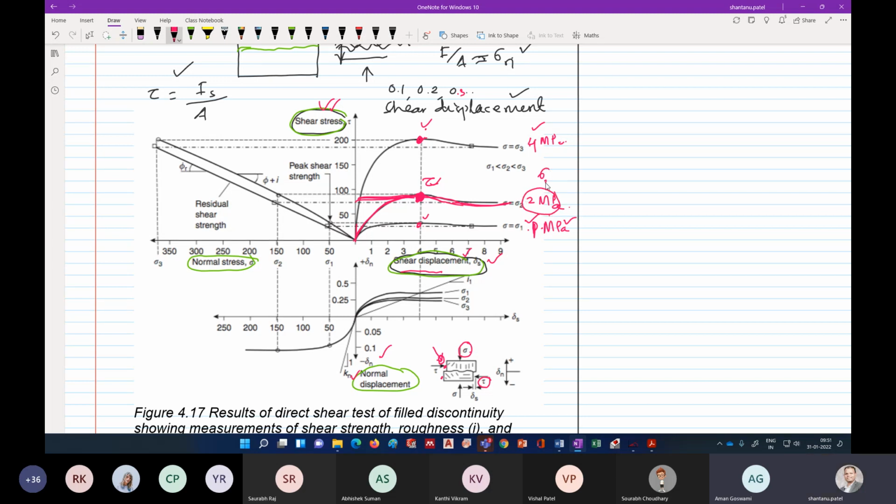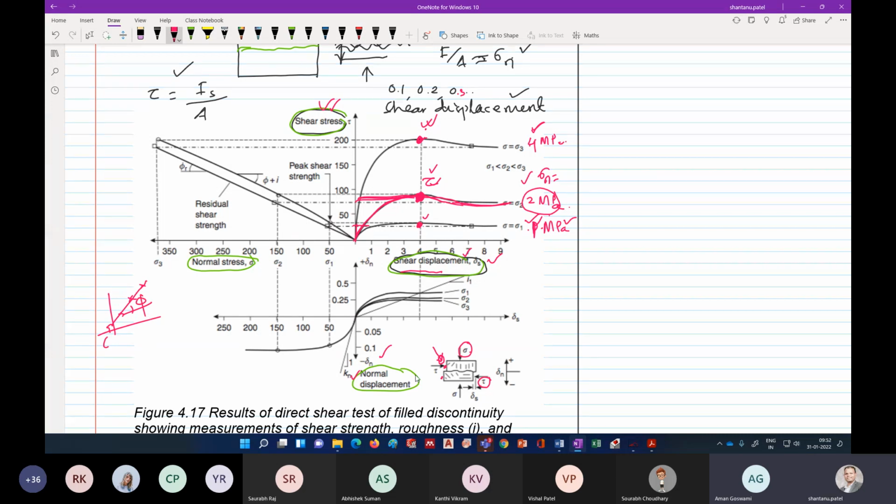So for this sigma n, what is this tau? This sigma n, what is this tau? This sigma n, what is this peak value? You take these points, and as I said, we can plot them in our tau versus sigma n curve to get our cohesion C and the friction angle phi.